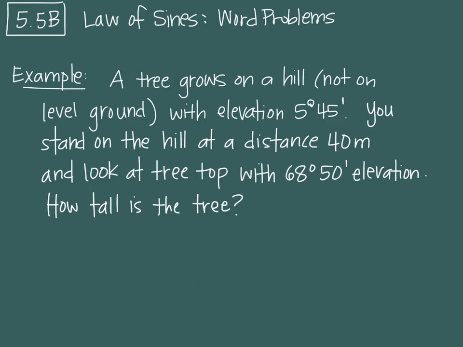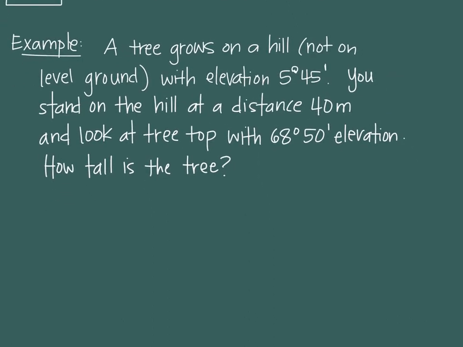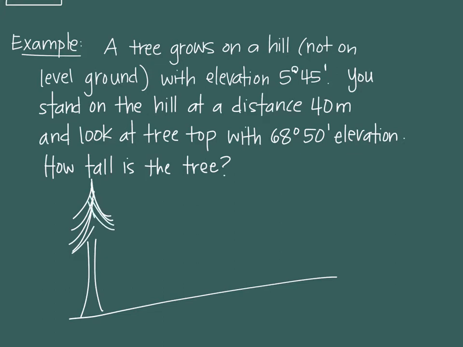All right, so let's see how this is not a right triangle situation. Okay, our tree is growing on a hill. Okay, here's our tree. Maybe if you've ever been to the giant sequoias in California, seen some of those massively tall trees.